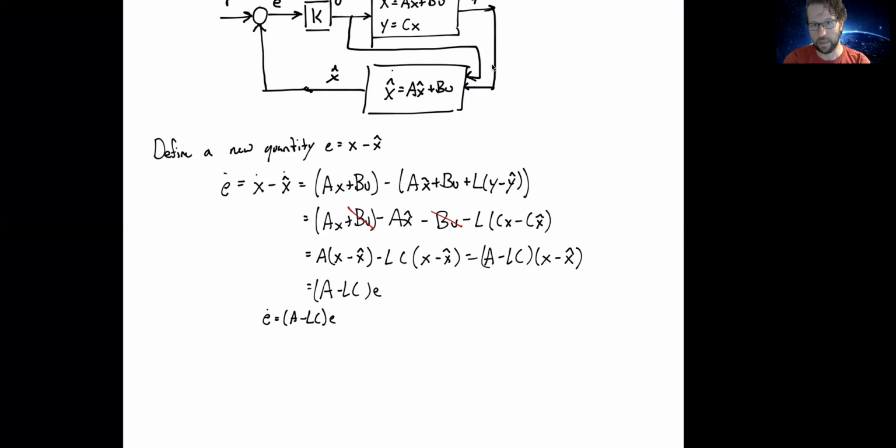Just like with the controller design that I showed earlier, when I started introducing state space design, we had to define K such that the controller converges to our reference. So now we have to pick L such that our observer, or state estimator, forces e to converge to 0. So that's pretty neat.